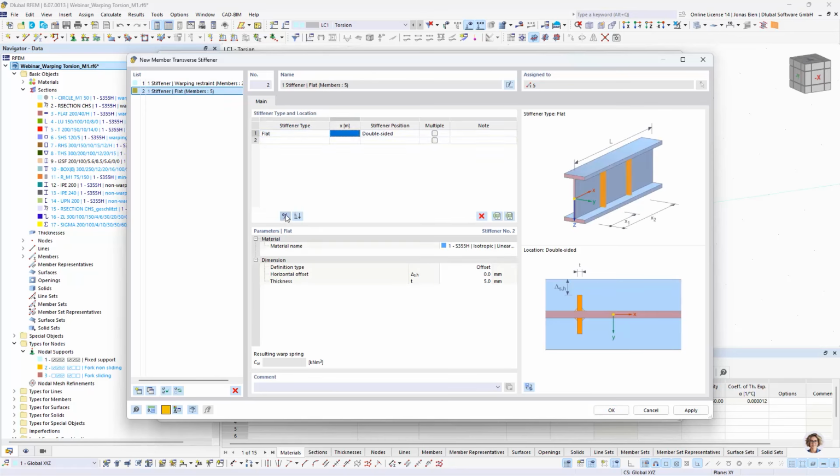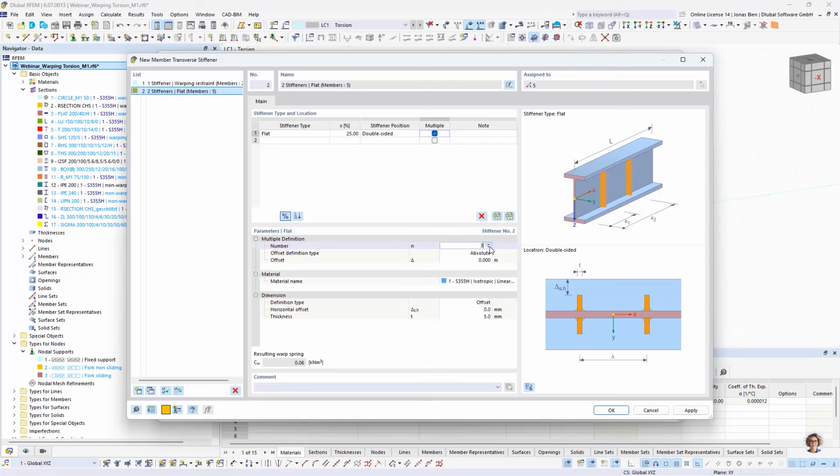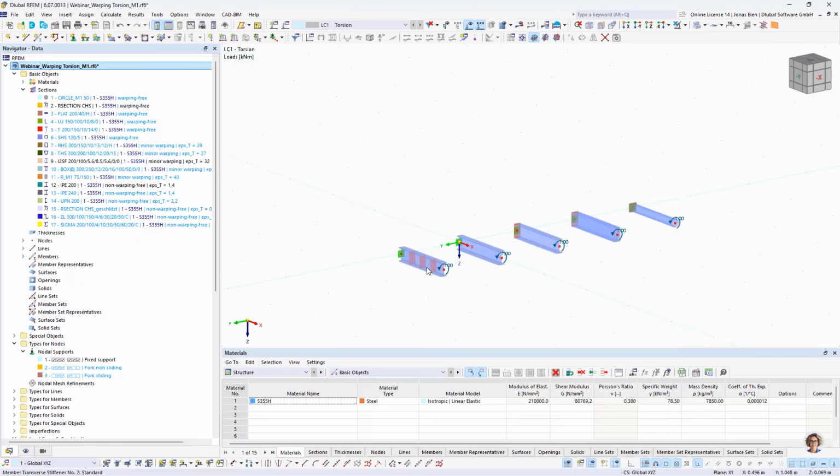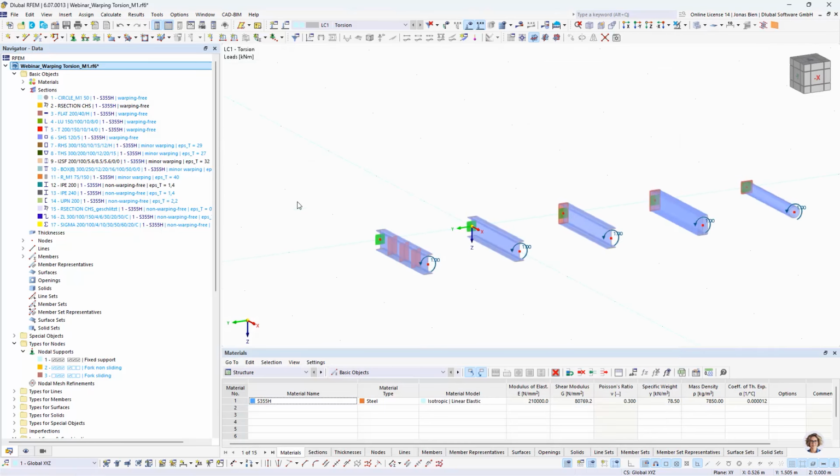Let's set the first flat stiffener at 25% of the member length, and then add 2 additional stiffeners at, again, 25% of the total length as distance between those stiffeners. Let's increase the thickness of the flat stiffeners to 8 millimeter and assign it to this new member here.